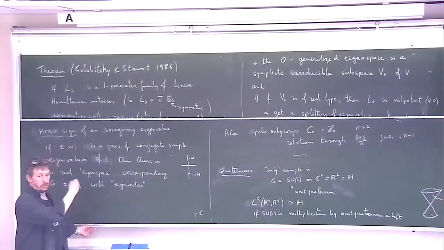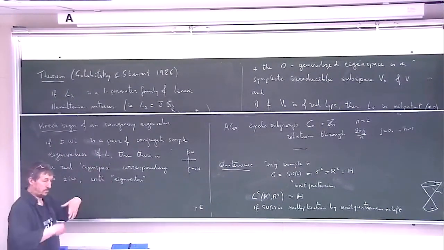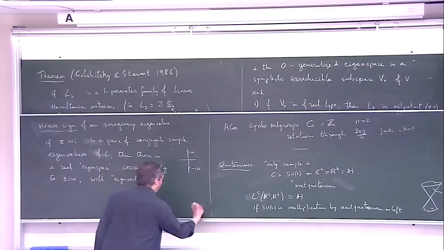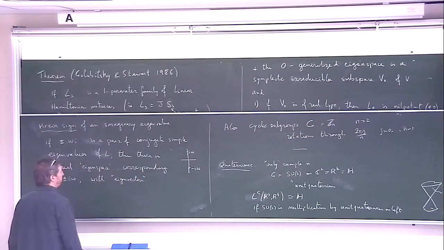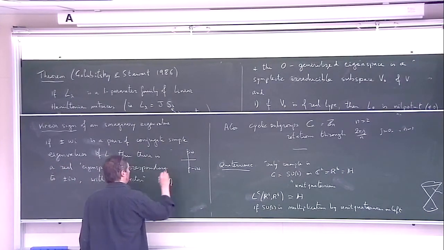The best way to prove all this is to complexify the matrix and look at the complex eigenvectors and complex eigenvalues. Let's call them psi and eta.